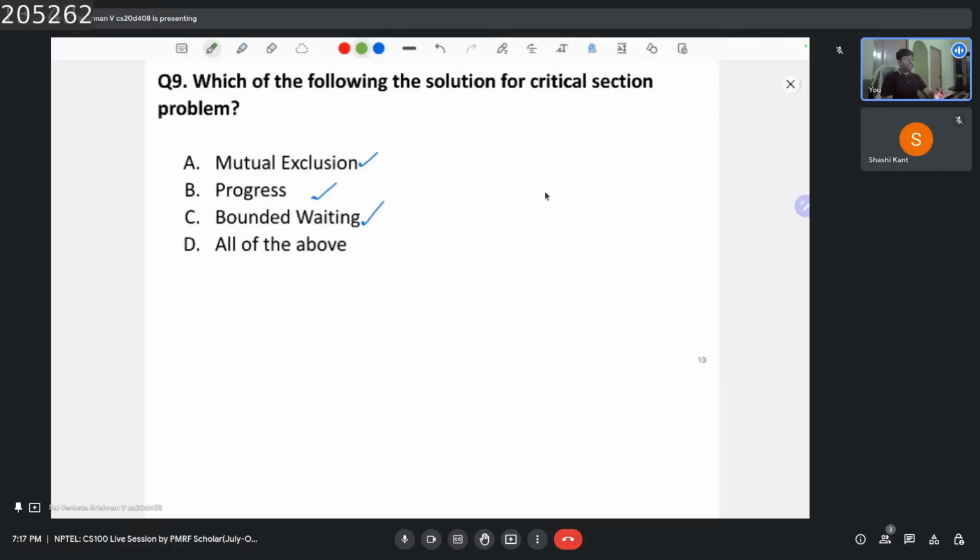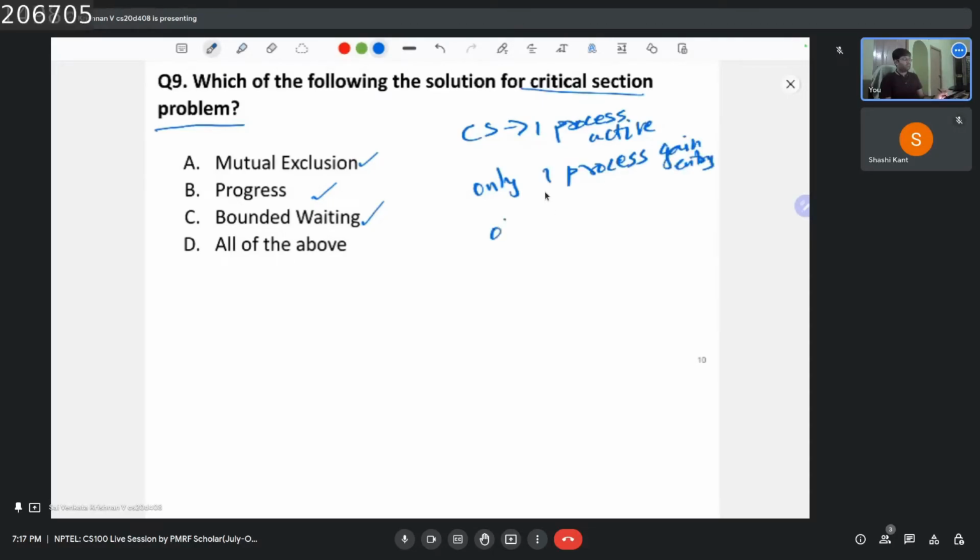So based on the critical section problem, what this means is in the critical section only one process can be active, and only one process can gain entry, and the other processes should be waiting. So these are the main goals of the critical section problem.